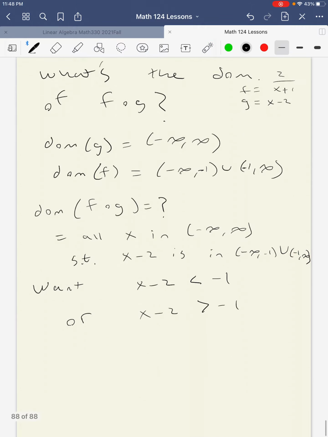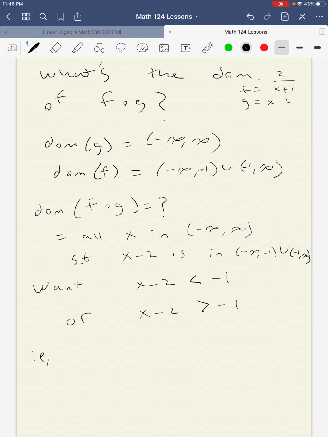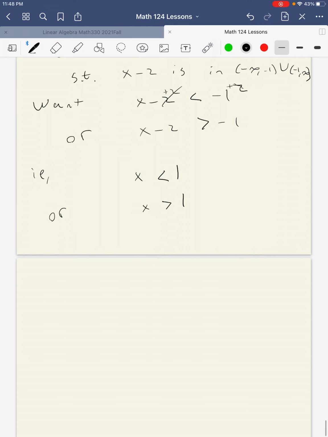Okay, so now we just solve these two inequalities. In other words, we could add the 2 to both sides. We want x to be less than 1, or we want x to be greater than 1, right?